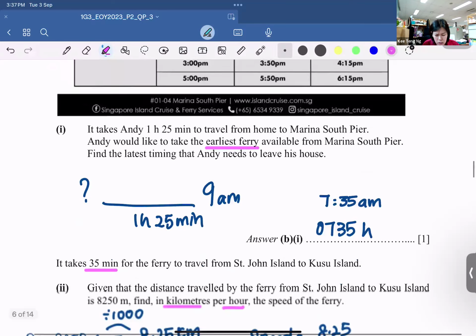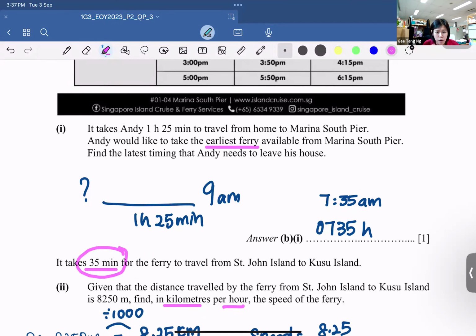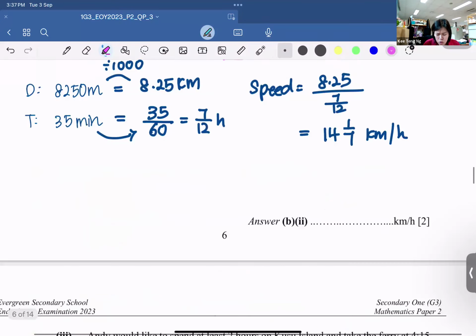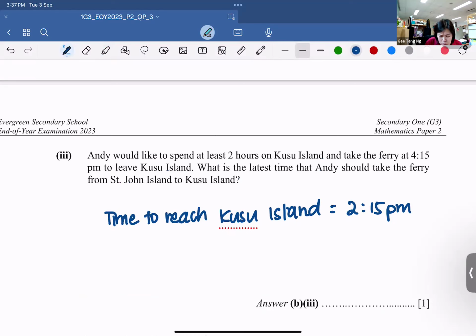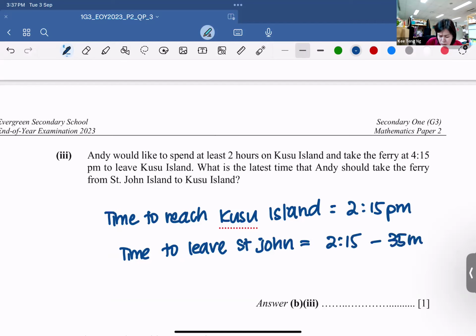How long does it take for the ferry to travel from St. John to Kusu Island? It's 35 minutes of the ride. So the minimum time to leave St. John Island is 2:15 minus away 35 minutes.